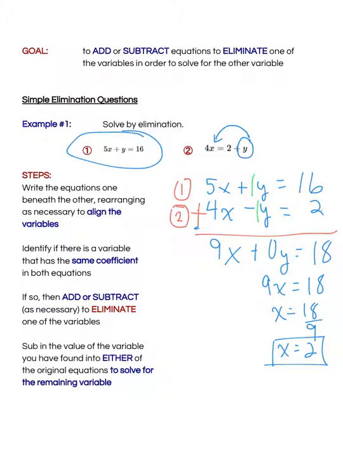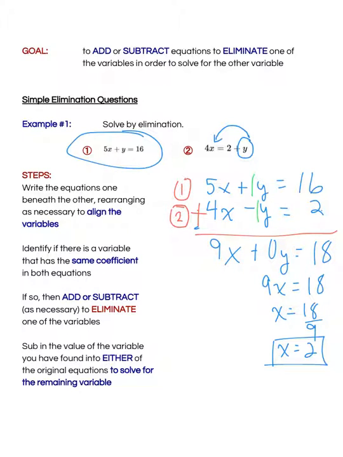So 5x plus y is equal to 16. So 5 times 2 plus y is equal to 16. So I have 10 plus y is equal to 16.